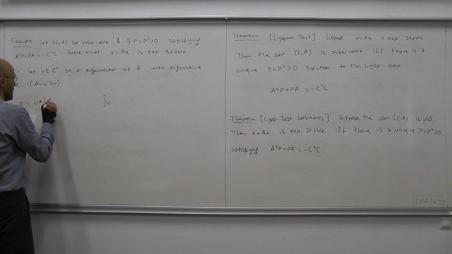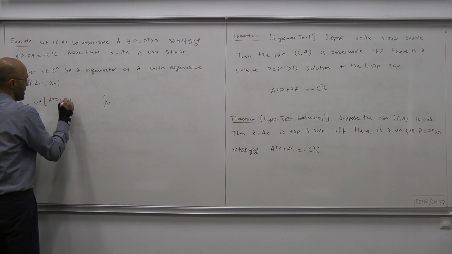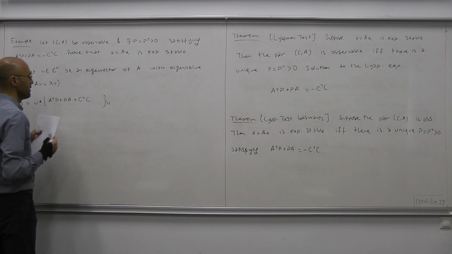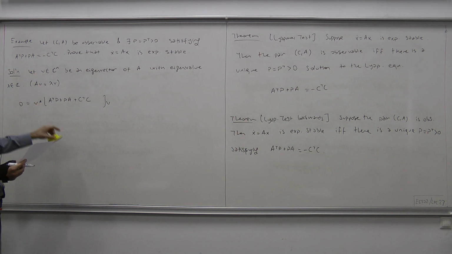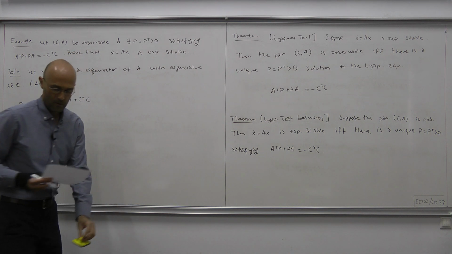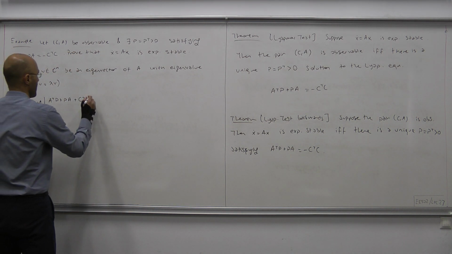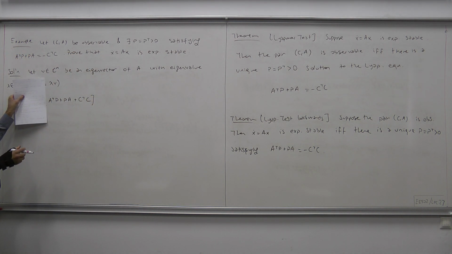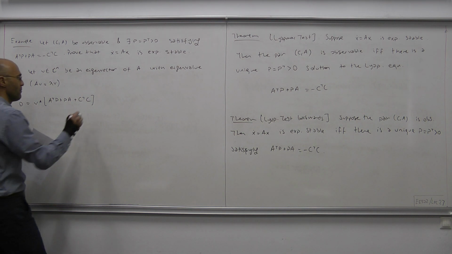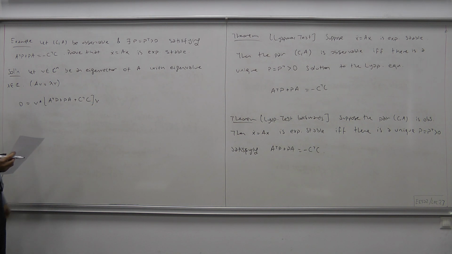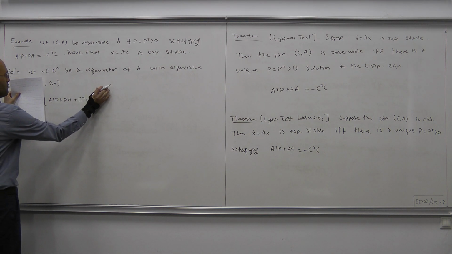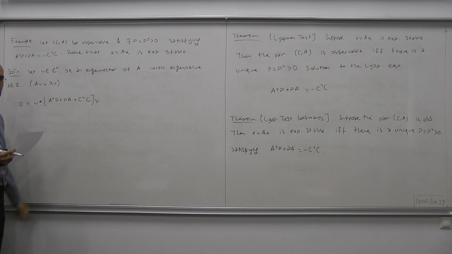It's just another way of writing the Lyapunov equation. Since this thing is 0, multiplying from left and right by V conjugate transpose and V will not make anything different. And now we still have this 0 here. Previously it was a matrix 0, now we have scalar 0.